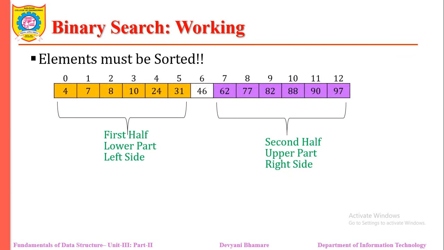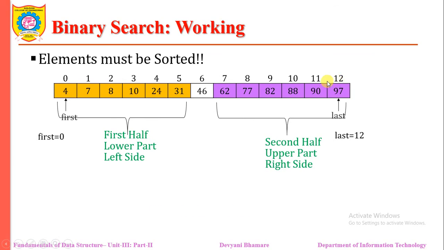So the requirement is that elements must be sorted. We have to divide the list into two parts, the first half and the second half, also called the left side and the right side. Then we need to identify how it is going to be divided. We take the mid of the lower bound and the upper bound.